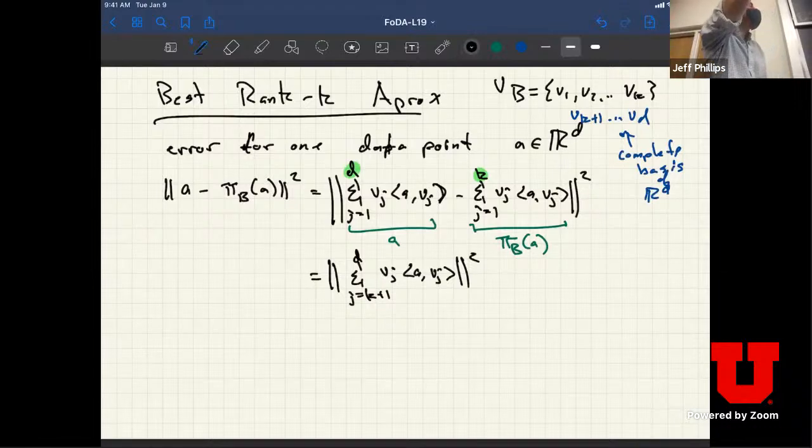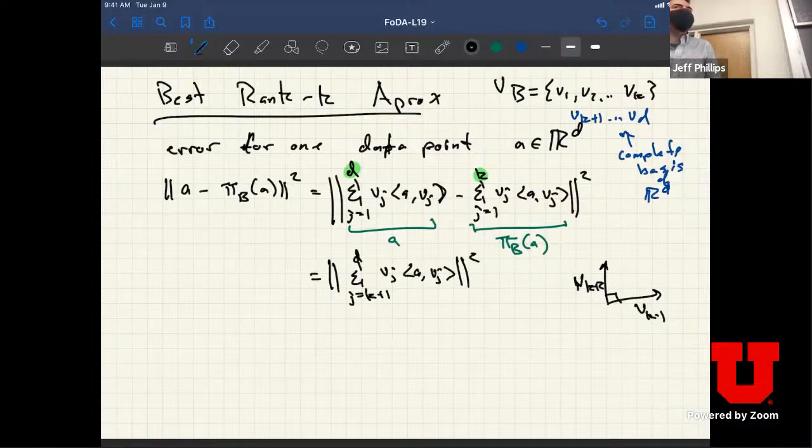So now I'm adding together these orthogonal vectors, and by the Pythagorean theorem, VK plus 1 and VK plus 2 are orthogonal to each other.